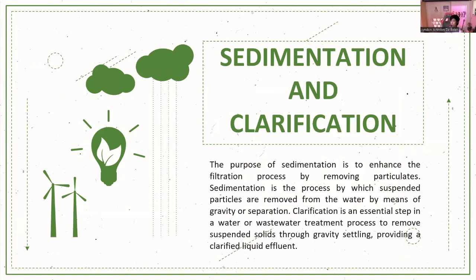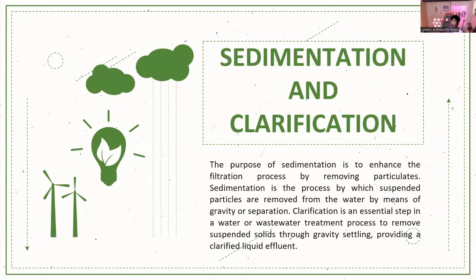Yung next process is sedimentation and clarification. The purpose of sedimentation is to enhance the filtration process by removing particulates. Sedimentation is the process by which suspended particles are removed from the water by means of gravity or separation.